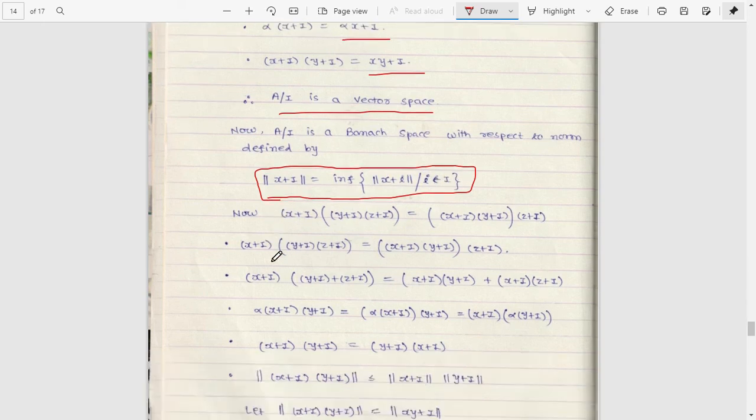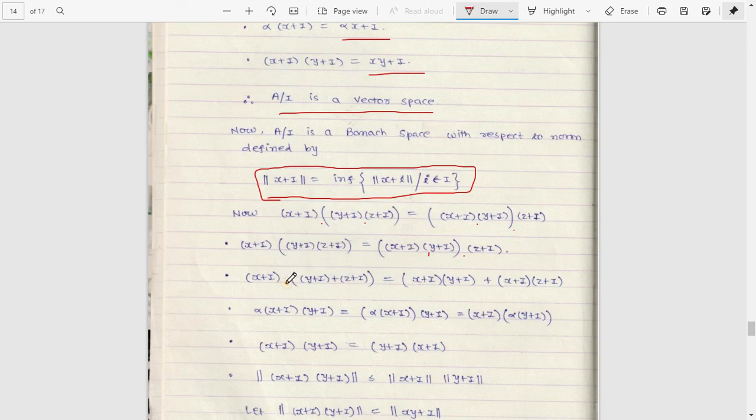Now (x plus I) into (y plus I) into (z plus I) is equal to (x plus I) into ((y plus I) into (z plus I)). This is the associative property.